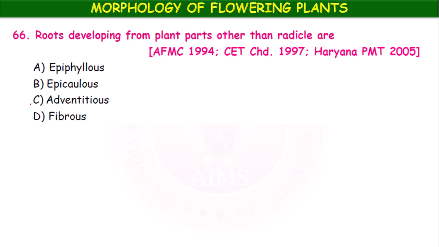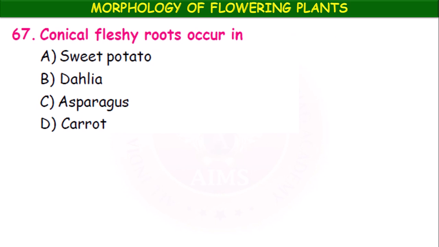It is the adventitious roots. Other than radicle, if the roots develop from any part, it is called adventitious roots. Conical fleshy roots occur in sweet potato, dahlia, asparagus, carrot. It is the carrot with conical fleshy roots.